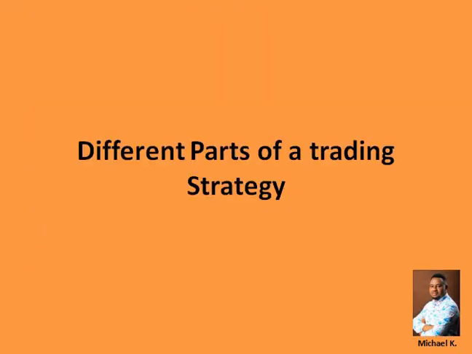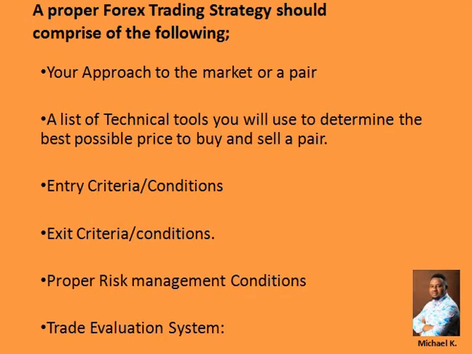Different parts of a trading strategy. A proper Forex trading strategy should comprise of the following: your approach to the market or a pair, a list of technical tools you will use to determine the best possible price to buy and sell a pair, your entry conditions, your exit conditions, proper risk management conditions or system, and a trade evaluation system, which I call the trading journal.